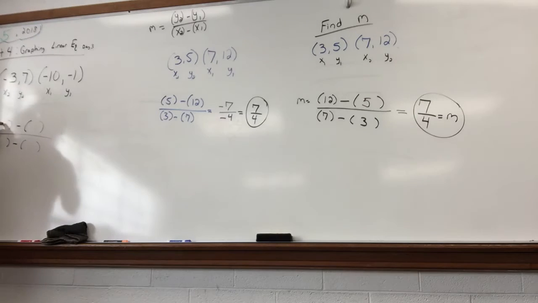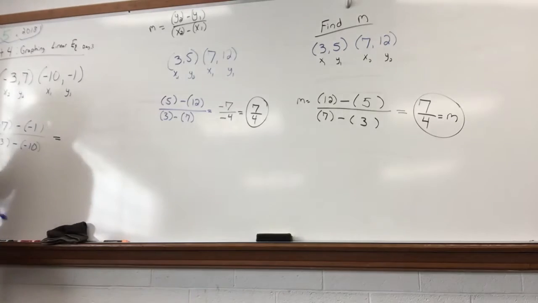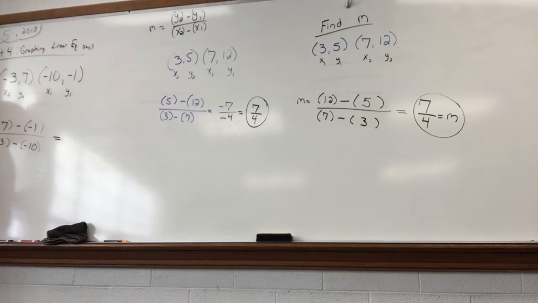So, y2 goes on top. y1. x2 goes, then x1. Everybody with me? The reason why we want the parentheses is because it's minus a negative. That changes things a little bit. So now we're reading this as 7 minus a -1.